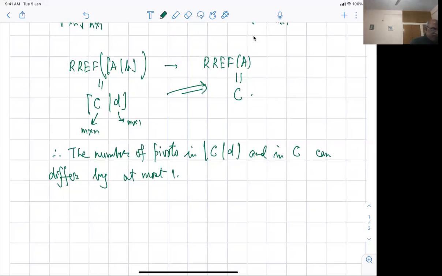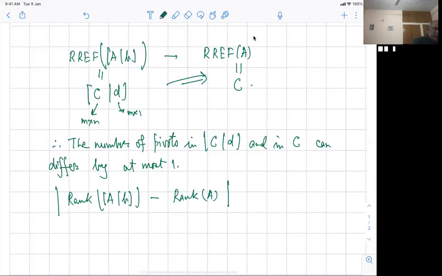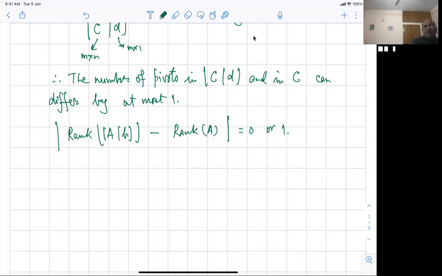Therefore the rank of [A|b], this matrix, minus the rank of A, the coefficient matrix, is either 0 or 1. So we look at the first case, when the difference is 1.